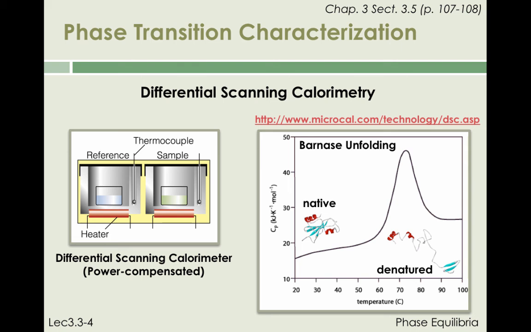Its area can actually be related to the energy change, same as enthalpy change for non-gaseous systems, associated with the unfolding process. Examination of the DSC peak allows us to conclude that the largest amount of energy absorbed per unit time occurs when the temperature is about 73 degrees Celsius. This temperature will be called the denaturation or melting temperature of the Barnase protein.